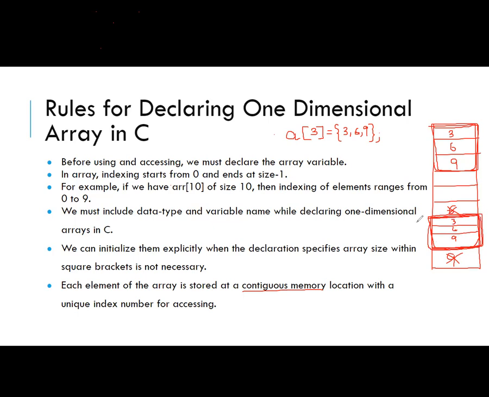Then I can give the array index positions starting from 0 for the first element up to n minus 1, that is 2, so 0 to 2. Wherever I get memory, for example if some part is occupied by some other data or process, it will be stored where I get space, but it has to be a contiguous memory location.